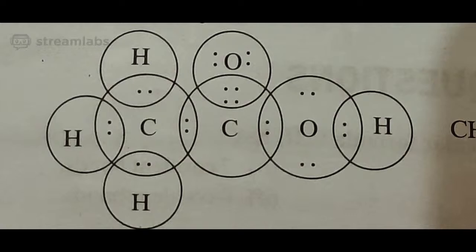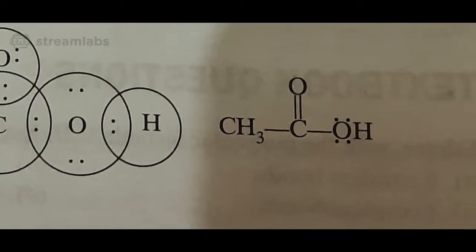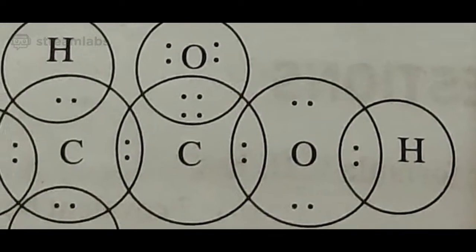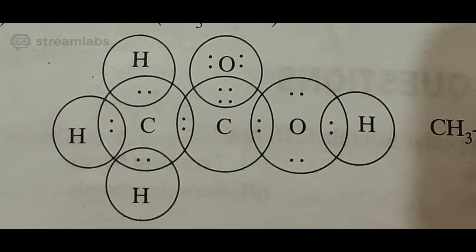Oxygen shares 1 electron with hydrogen, 1 electron with the carbon, so that oxygen attains octet structure easily, and this OH shares 1 electron with the carbon. Okay, this is quite confusing. You just practice more times. This is how, in a simple way, we can write the structure of ethanoic acid. And this is the dot structure of ethanoic acid.